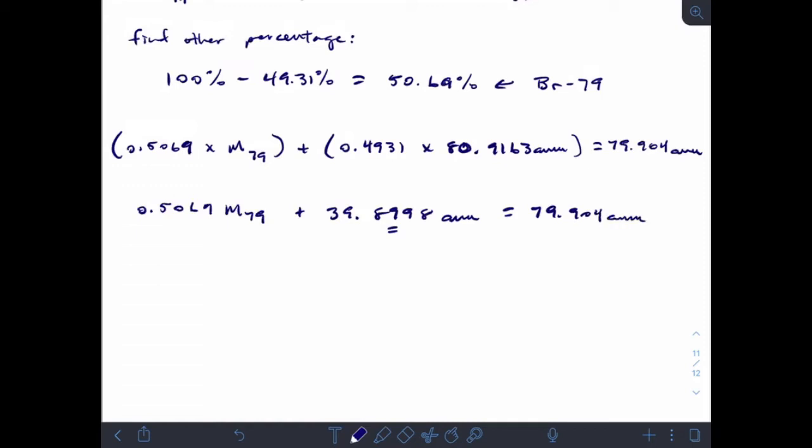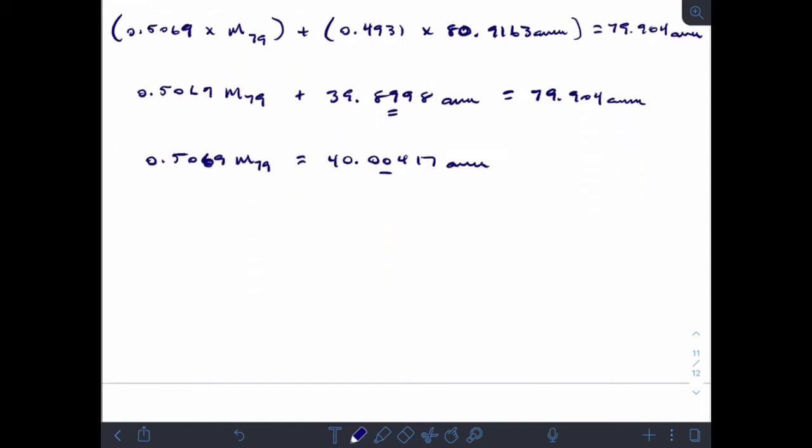Right, and we solve for the mass of bromine 79. So we get 0.5069 times the mass of 79 equals 40.00417, tracking at that fourth sig fig. And basically I'm just stepwise going through the process of solving for the mass.